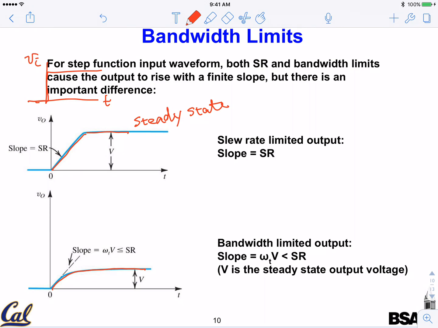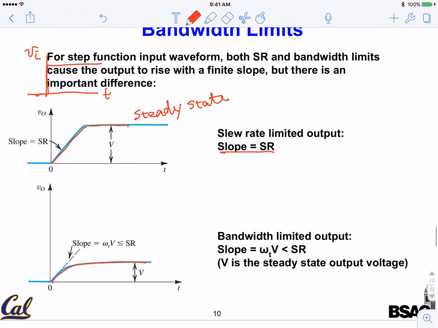You check the slope. If the slope is exactly equal to the spec of the op-amp, you are limited by the slew rate. It's possible you are not limited by the slew rate, but rather by your bandwidth. If you recall, I believe you all solved this problem. The bandwidth problem is more like an RC limit.